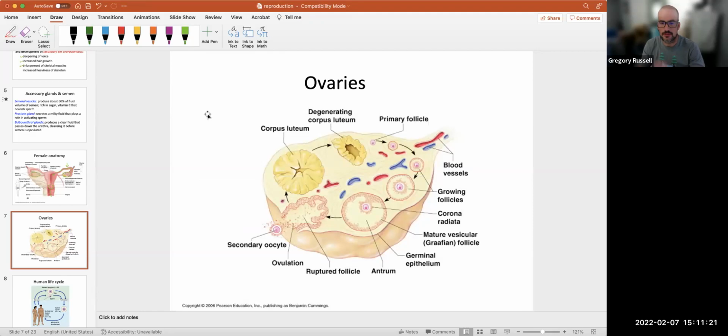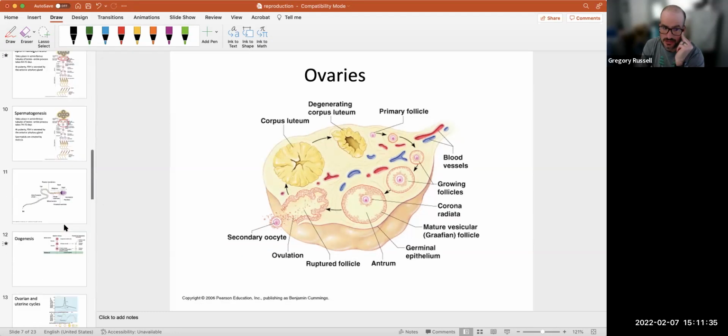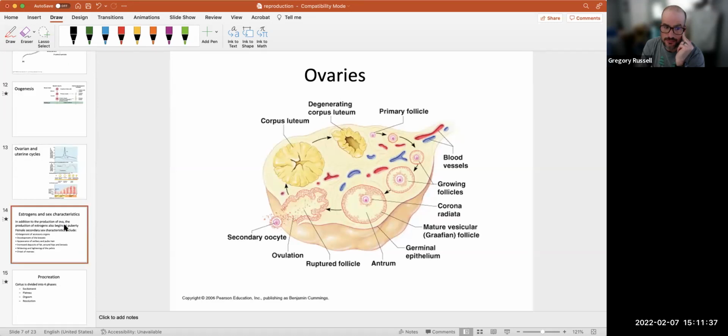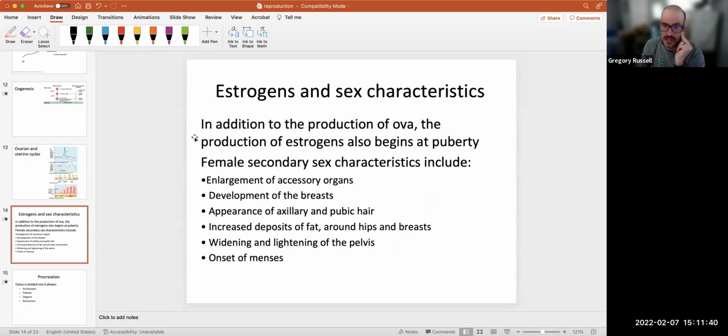Okay, so the ovaries are the site of ovum development. I'll come back to this slide in just a little bit of time, okay? They also produce estrogen, which is responsible for female secondary sexual characteristics. I'm gonna skip ahead just a little bit.